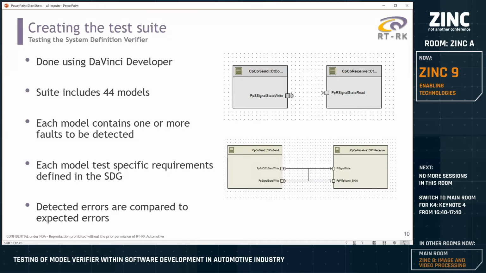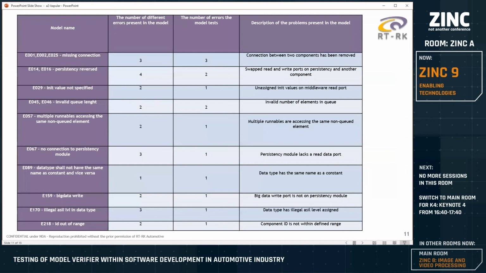Each model was made to test a different requirement defined in the SDG, or its system definition guide. We compared the errors it did detect to the ones we expected it to detect, and then we made a table like this. This is, of course, only a part of the table we created. As you can see, it only has about 10 or so.